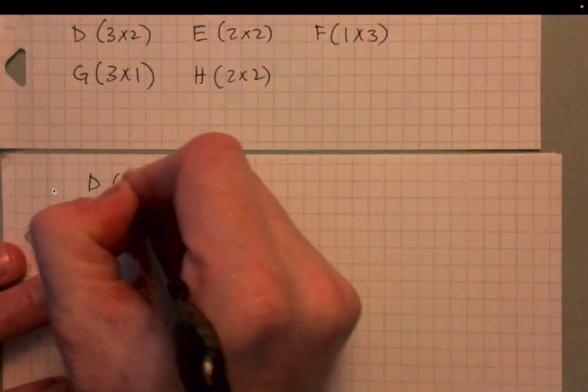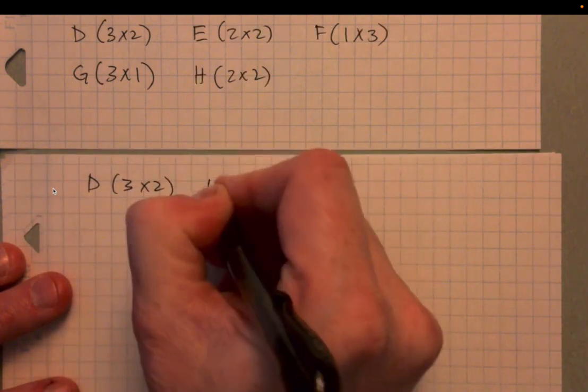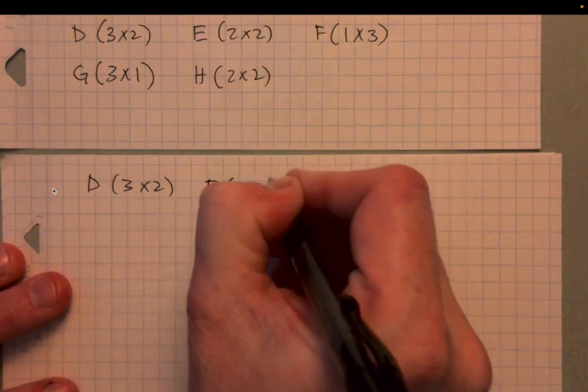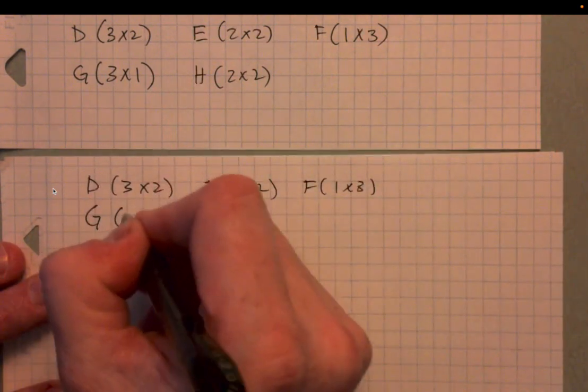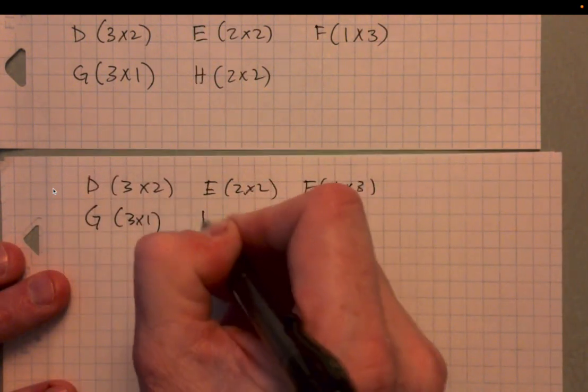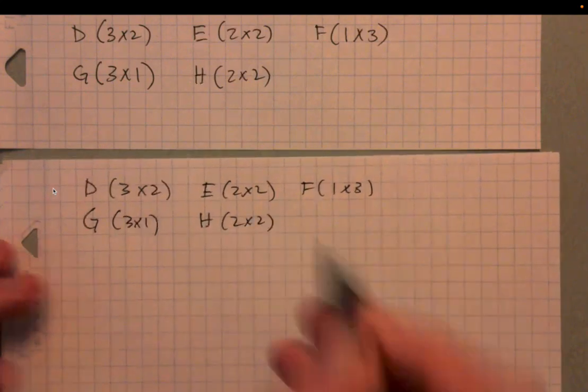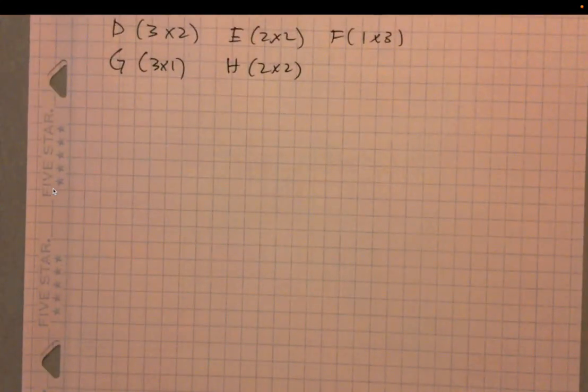Let me just rewrite them on this page here. D is 3 by 2, E is 2 by 2, F is 1 by 3, G is 3 by 1, and H is 2 by 2. Okay, so I've got the matrices written out there. Now, which of these can I actually multiply together?